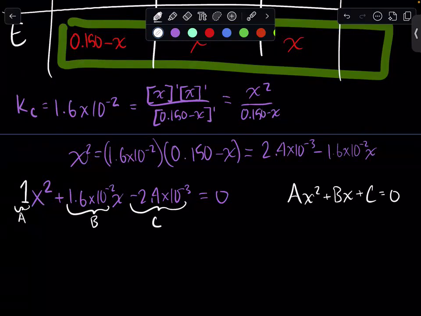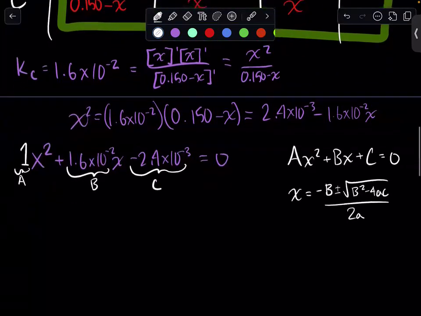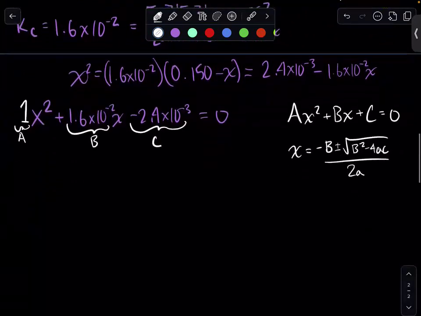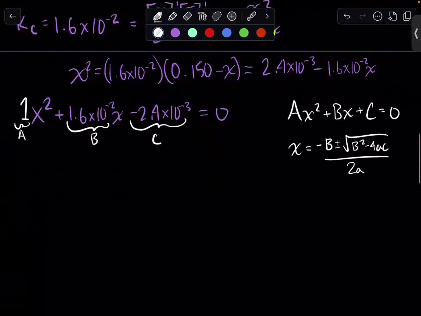And we can also solve a quadratic by the equation x equals negative b plus or minus the square root of b squared minus 4ac, all divided by 2a. This equation, I believe, is in the data booklet within one of the first two tables. So you don't need to remember the quadratic formula, but you do need to be able to plug these values into a calculator.